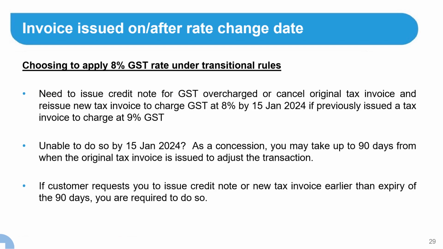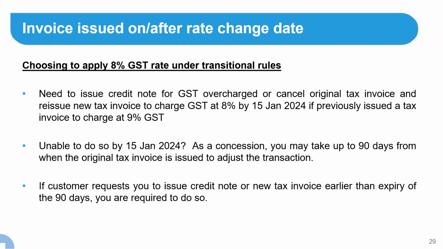Let me now cover some important points to take note of when you choose to apply the 8% rate under the transitional rules. If you have issued a tax invoice or simplified tax invoice on or after the rate change date with 9% GST, and now choose to charge 8% GST on the supply of goods delivered or services performed before 1st January 2024, you must issue a credit note to your customer by 15 January 2024 for the GST amount overcharged, or cancel the original tax invoice and at the same time reissue a new tax invoice to charge GST at 8%.